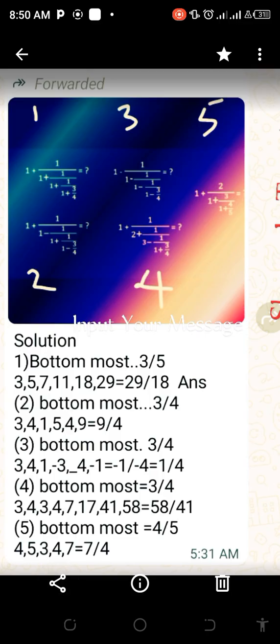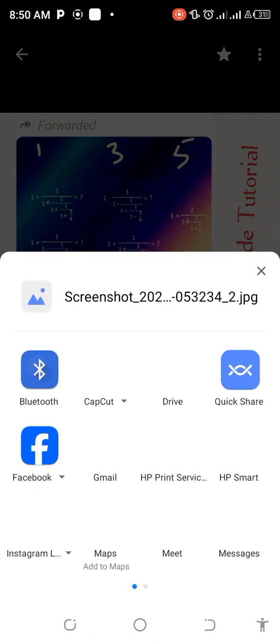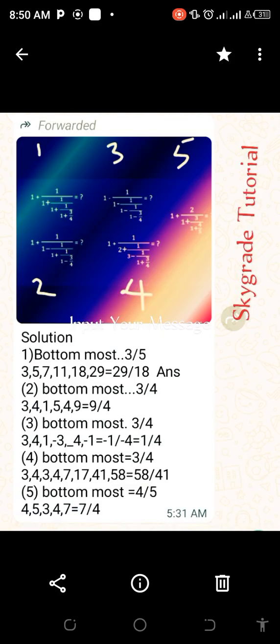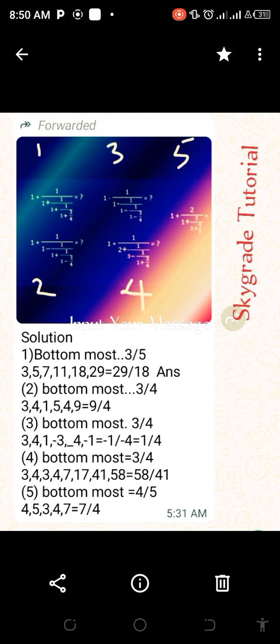Then the second ladder is 3 plus 5. 3 plus 5 is 8. 8 divided by 2, which is the numerator of the second fraction, is 4. Then the next ladder is 4 plus 3, which is equal to what? 7. So that our answer becomes 7 over 4.